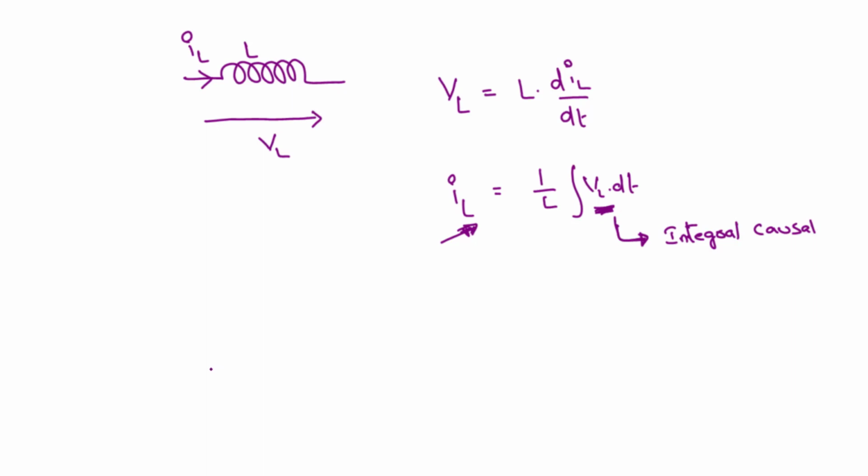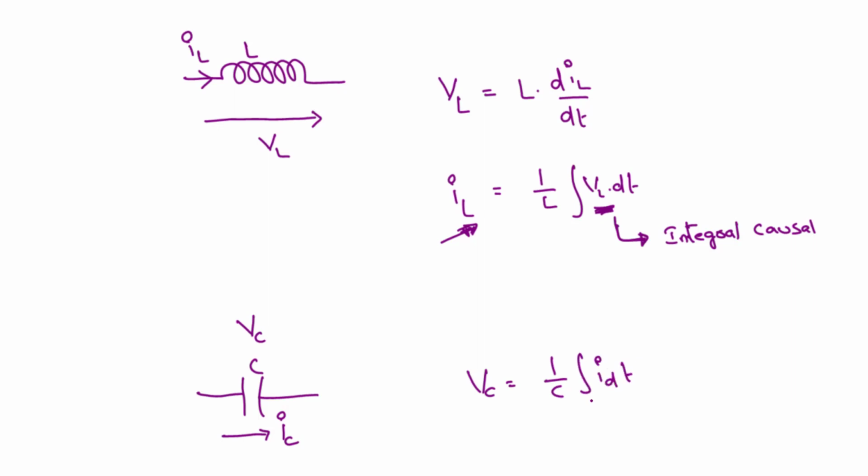In a similar way, if you talk about the capacitor, suppose the capacitor is C, the current passing through the capacitor is I_C, and the voltage developed across the capacitor is V_C. Now V_C is equal to 1 by C integral I dt.